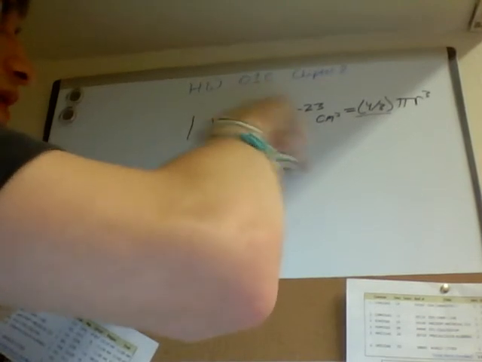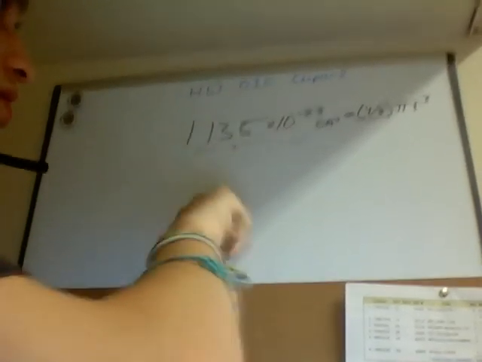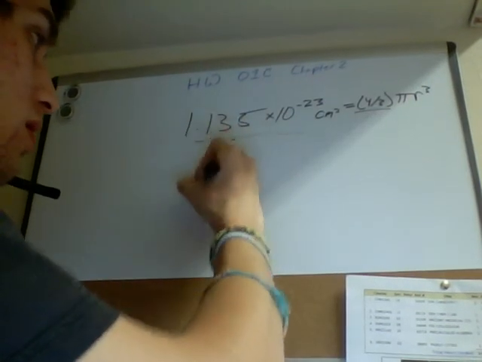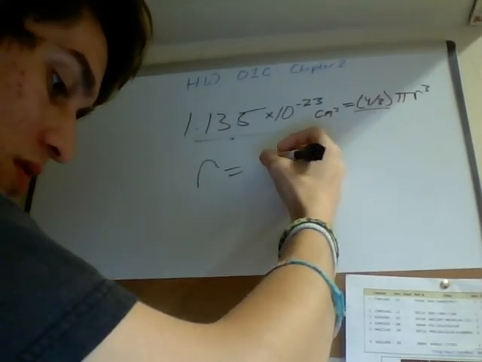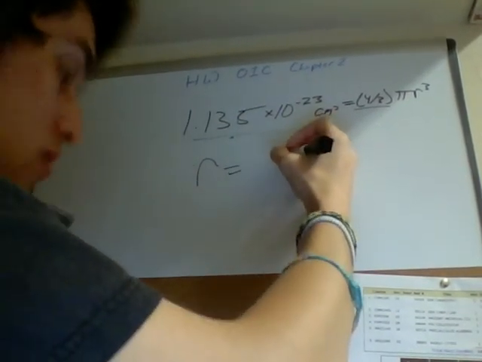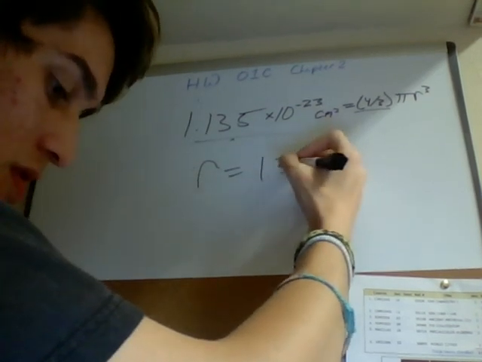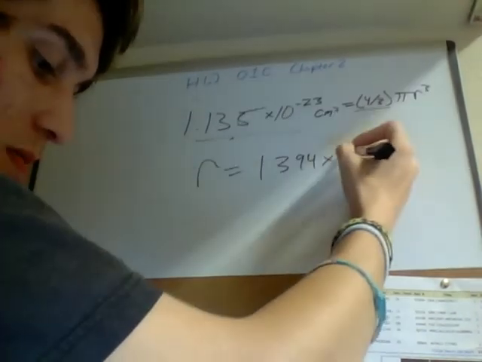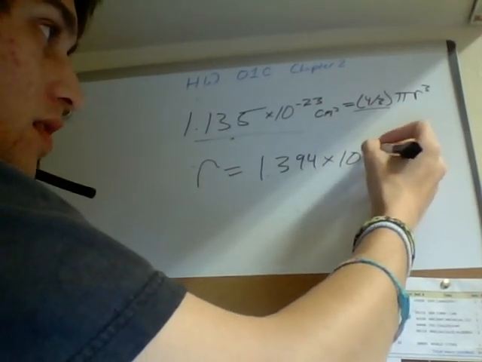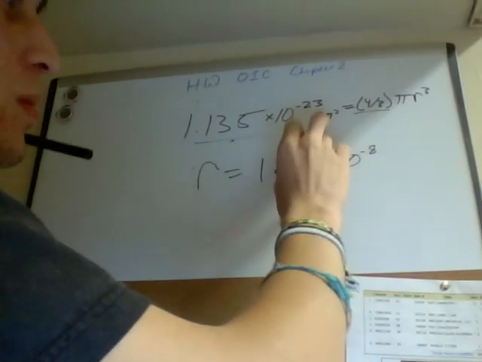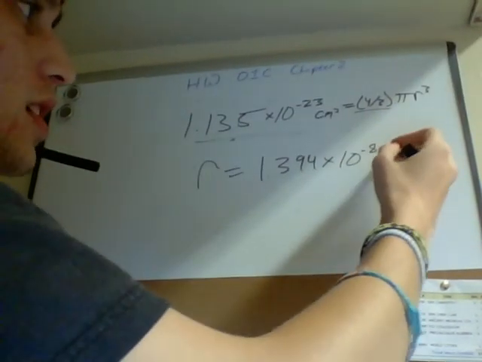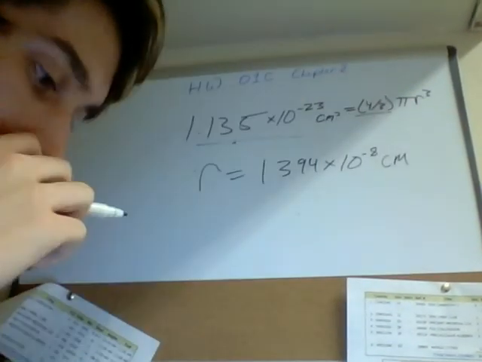After you do all that, you're isolating r. So r in this case will equal 1.394 times 10 to the negative 8th. And remember we started with centimeters cubed, but since we took the cube root, it's just going to be centimeters.